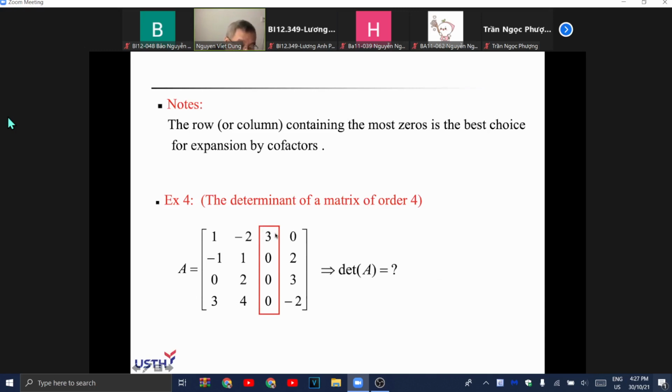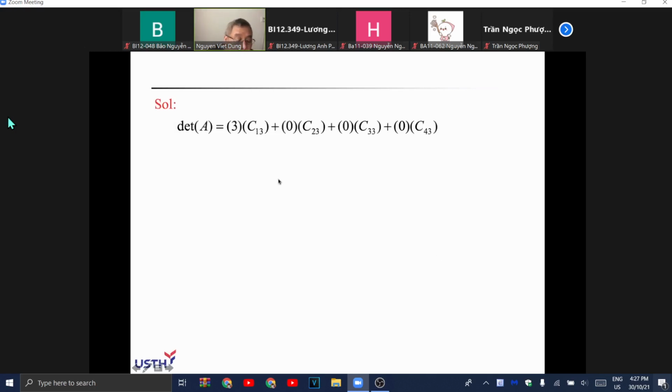Then if we expand the determinant of A along that column, the formula will be something like that. But in that summation, that and that are zero, so they leave only that one. That is here, and it is equal to that one.